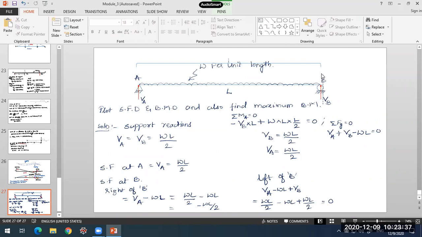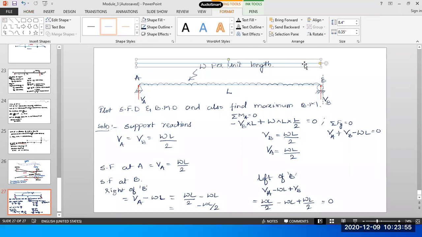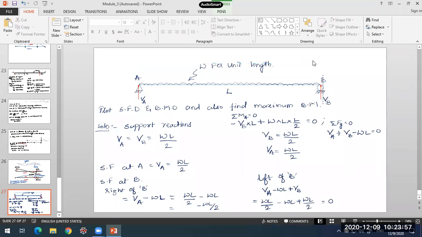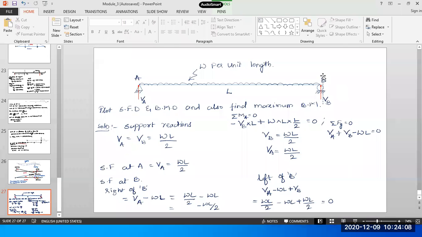So WL by 2 minus W into L, the total UDL load, plus VB, WL by 2, because on the left side it is directed upwards. That is how I got the shear force at B. In this case it comes out to be 0. It reduces to 0 once I cross this reaction. So we have the values of shear force now.